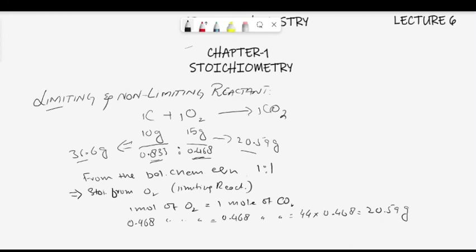Now, the importance of the limiting reactant here is that in this chemical reaction and in this scenario in which we have 10 grams of carbon and 15 grams of oxygen, we can only have 20.59 grams of carbon dioxide produced as a result, max.